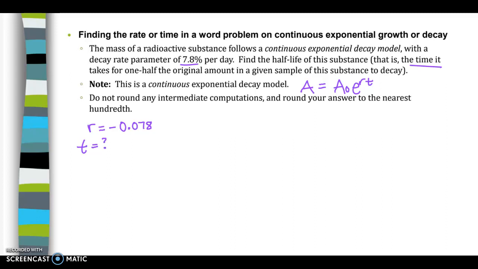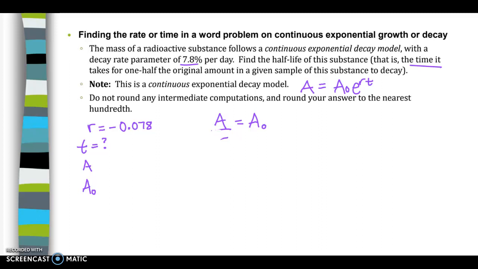We aren't given A or A naught, but we do know one thing. We know that whatever time this happens at, the resulting amount, or A, is going to be half of our original amount.